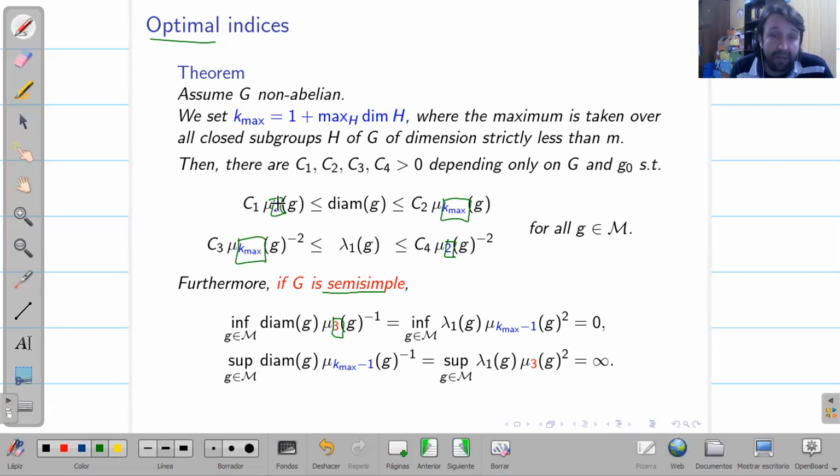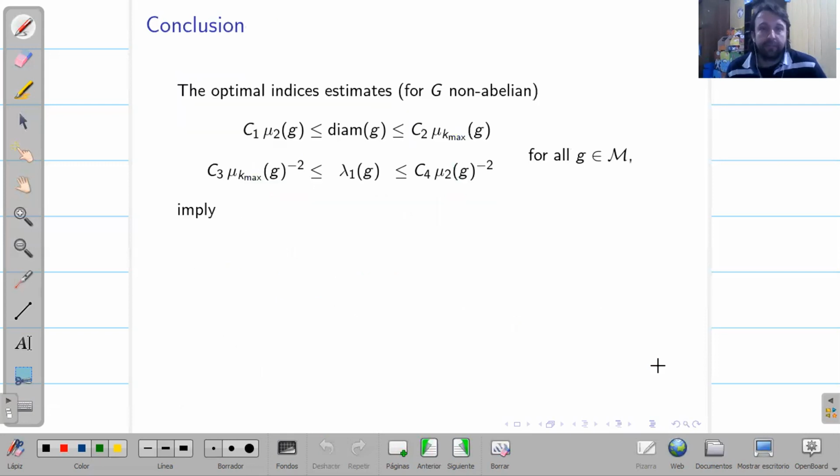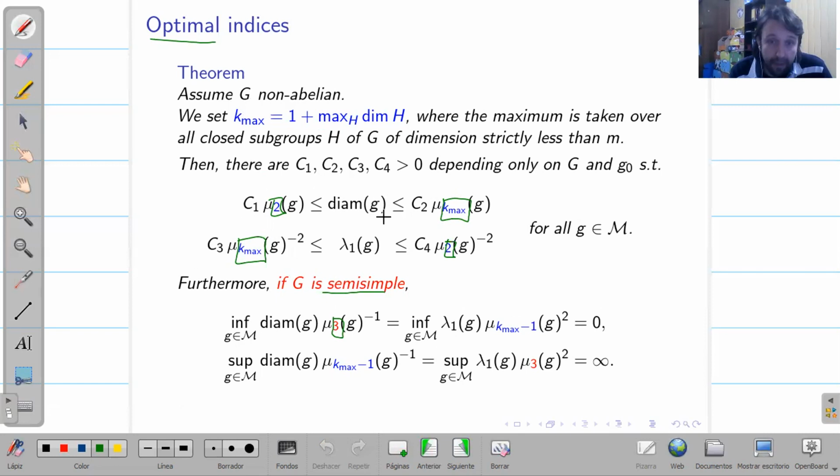I claim that this is also true in the general case, but I was not able to prove it. So the conclusion is that these are independent estimates: we estimate lambda 1 on the one side and the diameter on the other side.